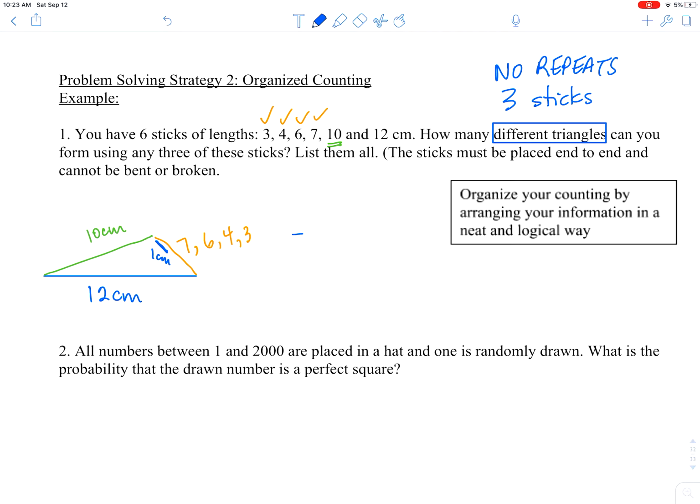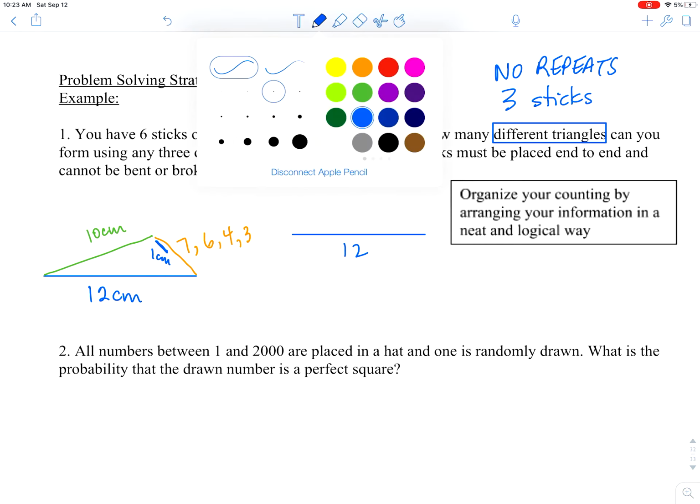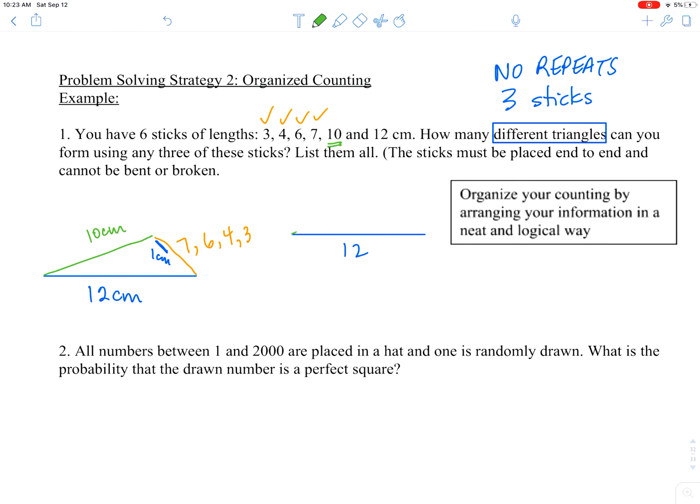And then I'm going to go down and look at the other bases. So that was with 12 and 10. If I have 12 and 7, now I'm not going to include 10 again, because I already did a triangle with 12 and 10 and 7. But I could do 12 and 7 and 6.